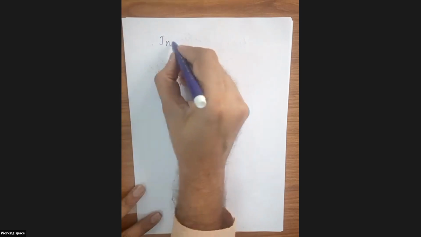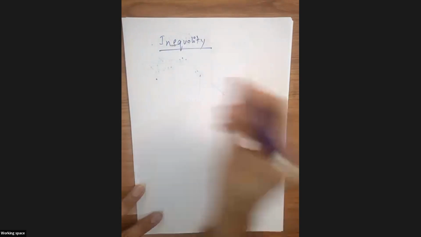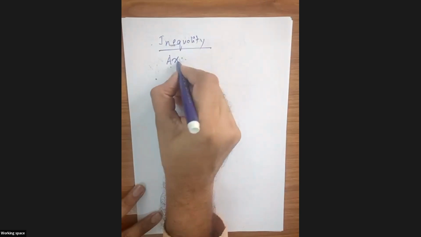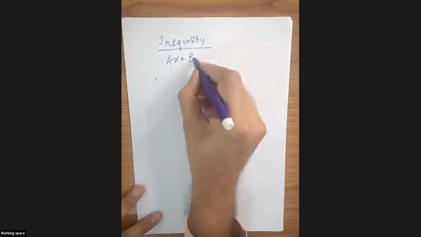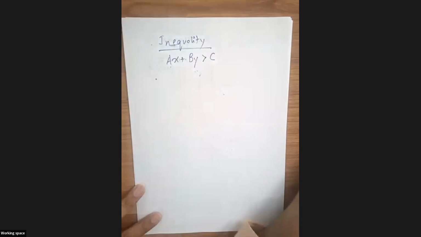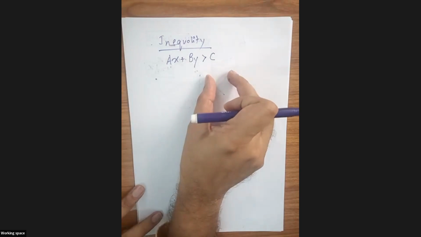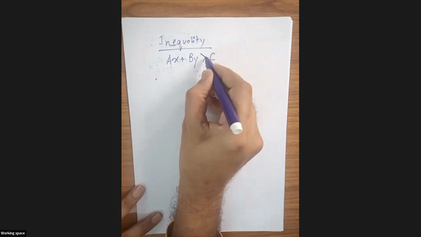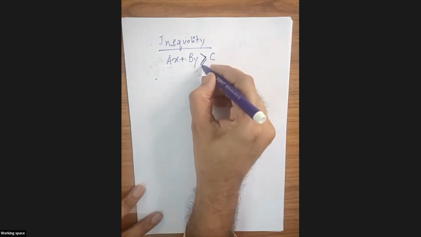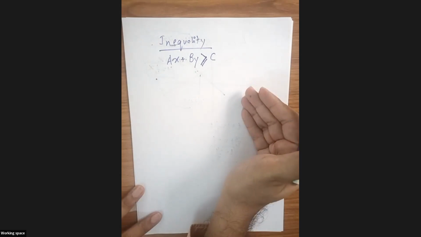Rather, they vary. So expressions like ax plus by, let's say, greater than c. Something on your left hand side is not equal to something on your right hand side, represented by a greater than, equal to, or less than, equal to sign. So this is how an inequality would be.